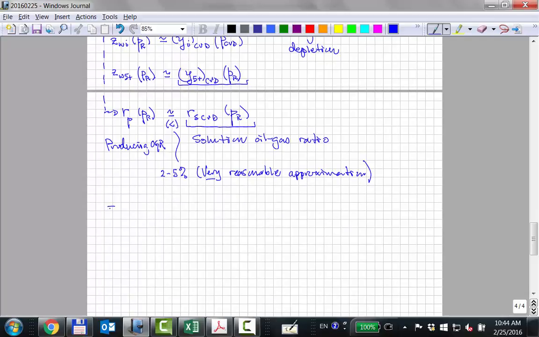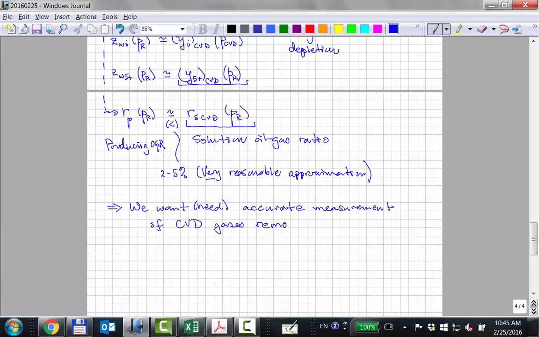Now, because of all this, we need accurate measurement of the CVD gases removed in the test.